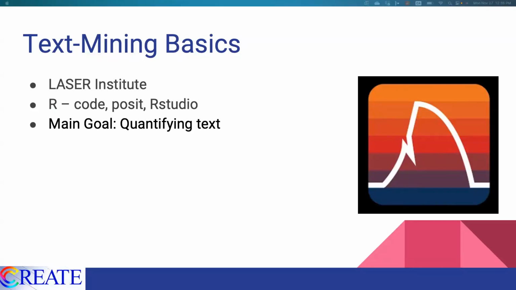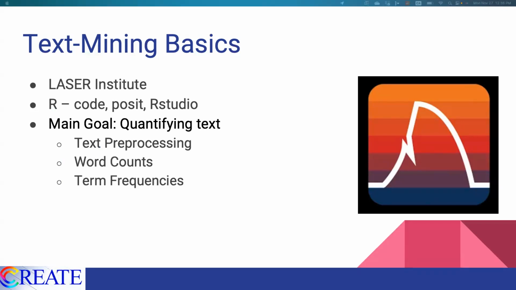The main goal with text mining is quantifying the text: taking documents such as discussion posts, open-ended responses, and transcripts, and being able to quantify large amounts of text. Some of the things we talked about last time were text pre-processing, word counts, term frequencies, TF-IDF, and word clouds, which was super riveting, if you remember.